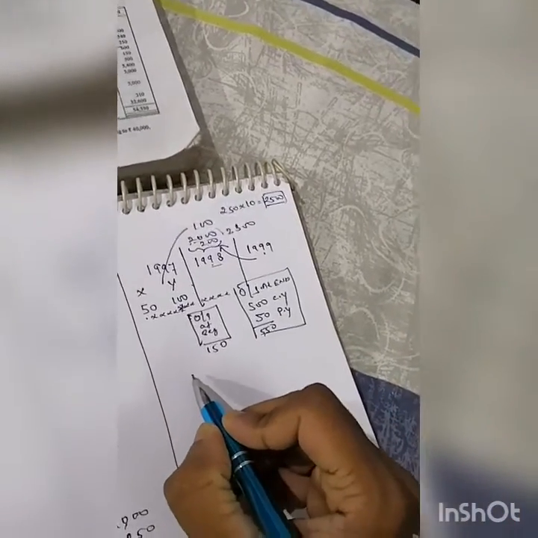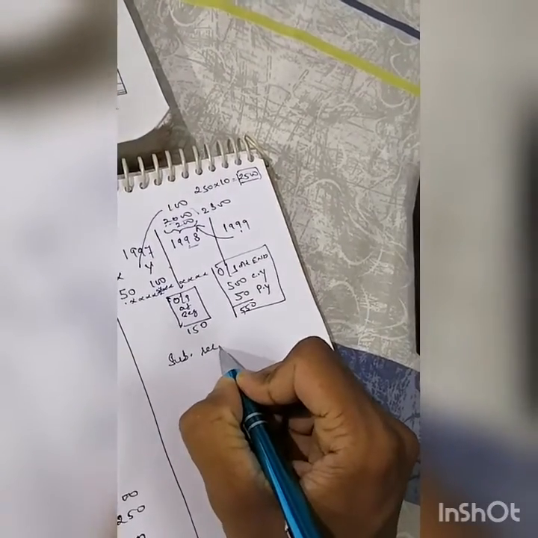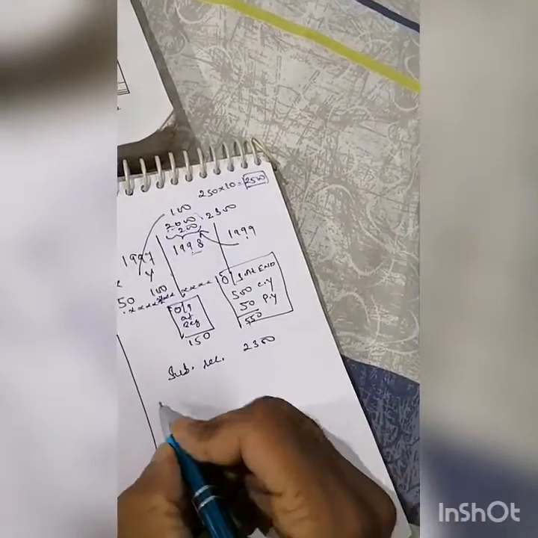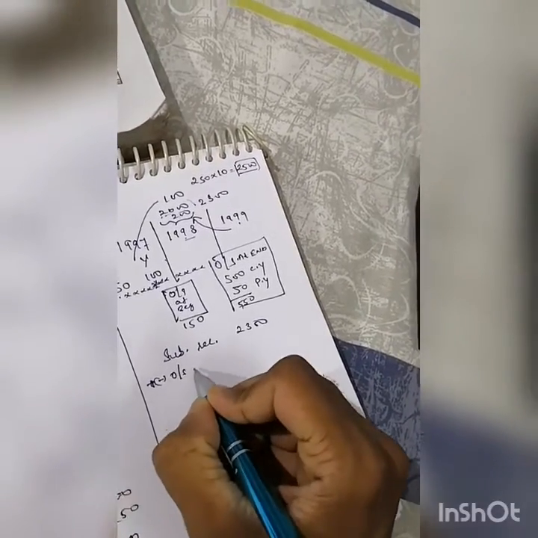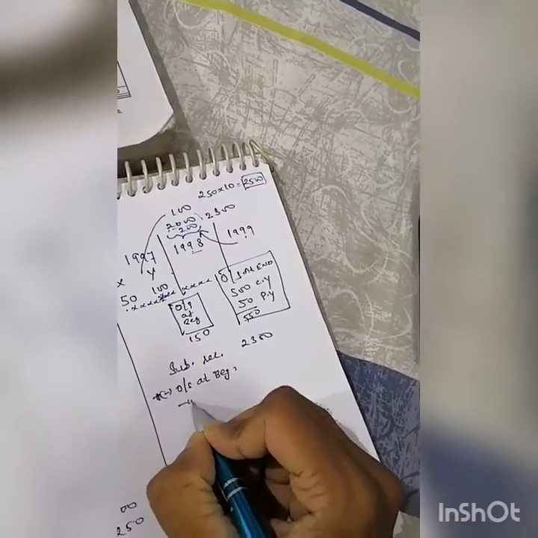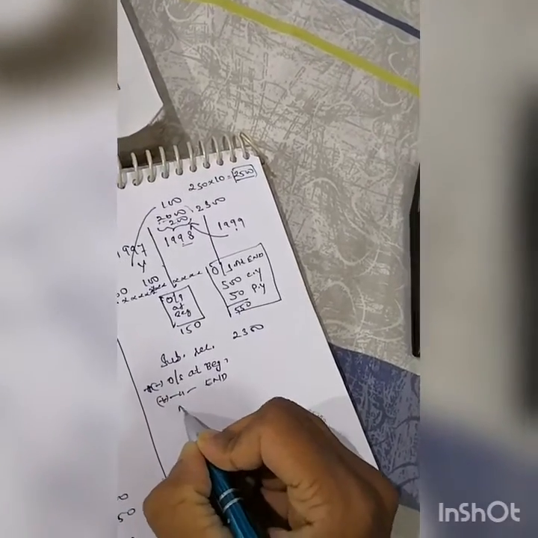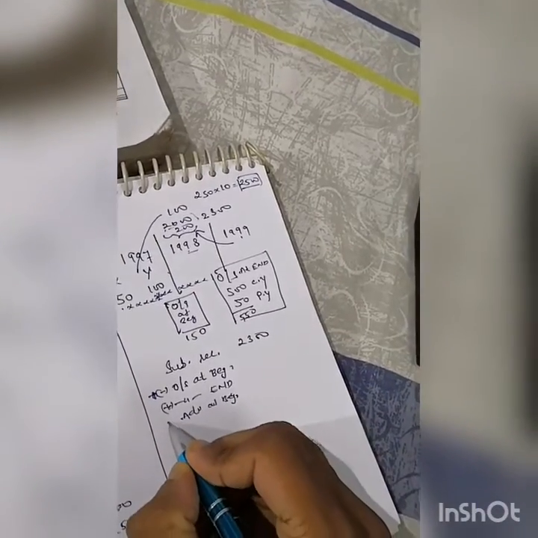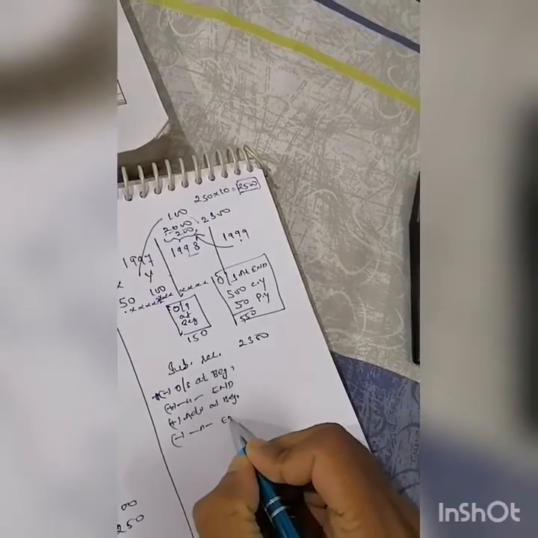So while calculating, we can take the formula: subscription received is 2300, minus, first we will take the beginning for the sequence, outstanding at beginning, plus outstanding at end, okay, advance at beginning, and then advance at end.